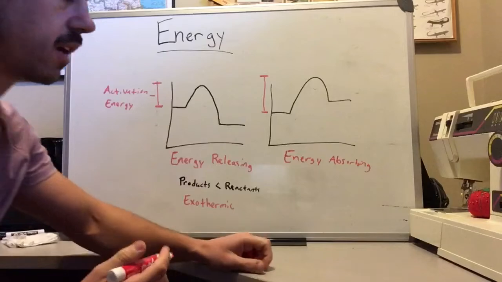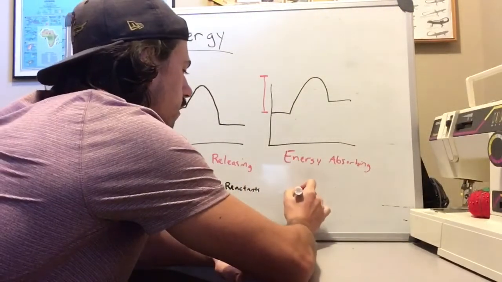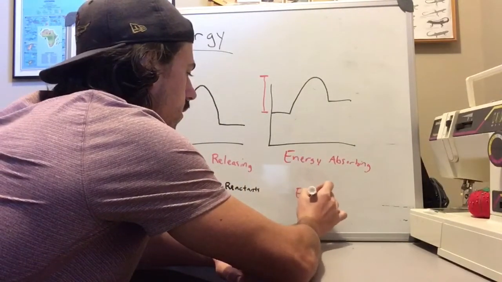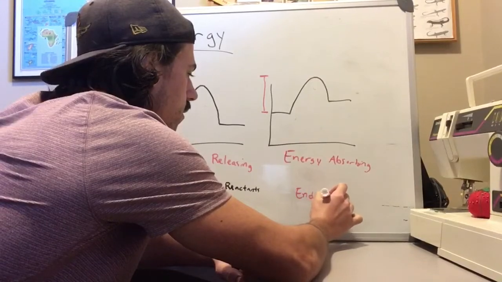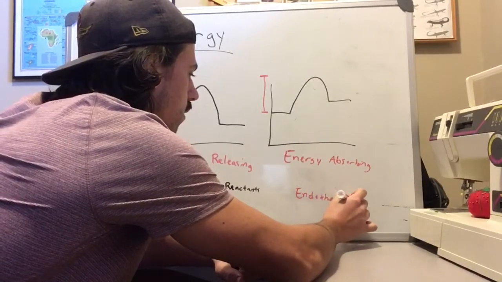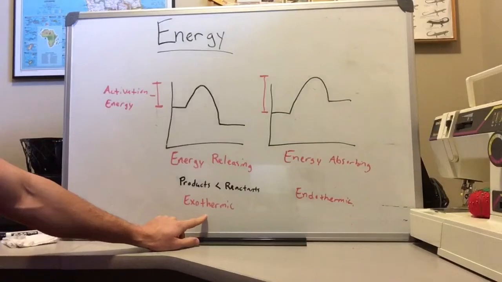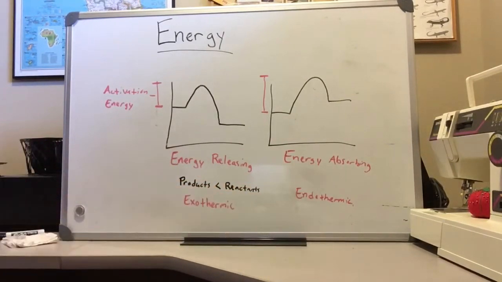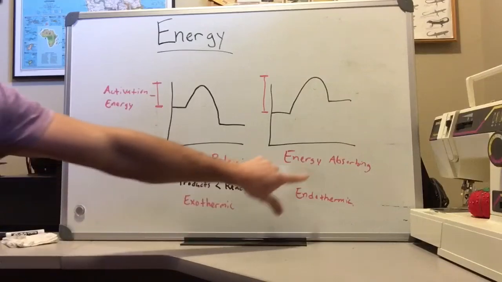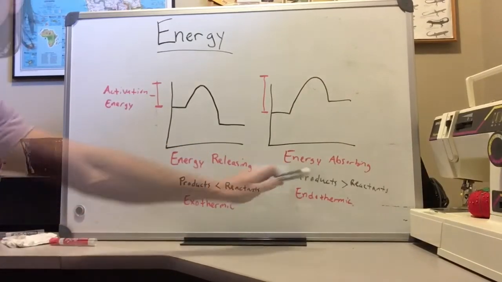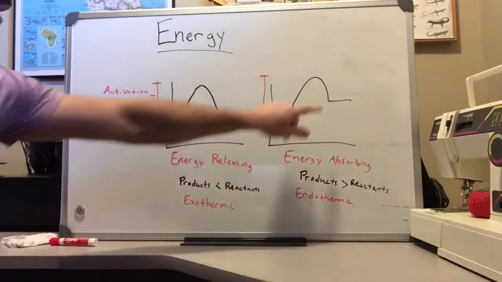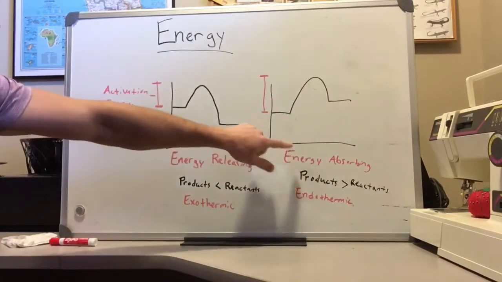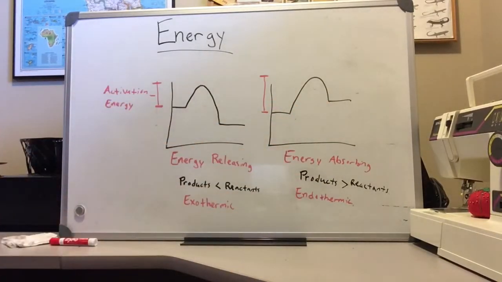So when we're absorbing heat, it's going to be called endothermic. Just think exo, heat is exiting, endo, heat is coming in. So energy releasing is exothermic, energy absorbing is endothermic. Again, energy absorbing is when the energy of our products is greater than the energy of our reactants.